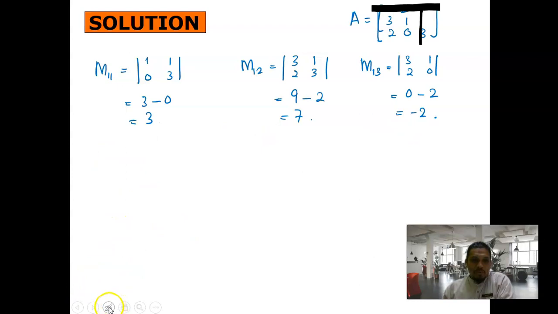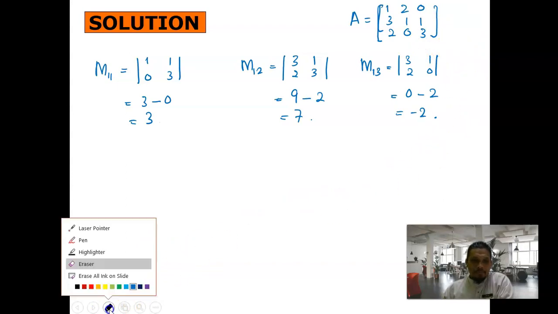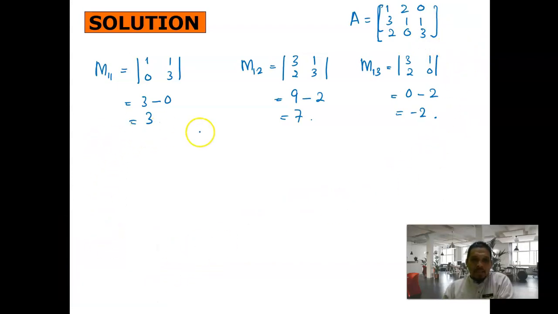Then we move to the second row. I write down all the minors for the second row: M21, M22, and M23.